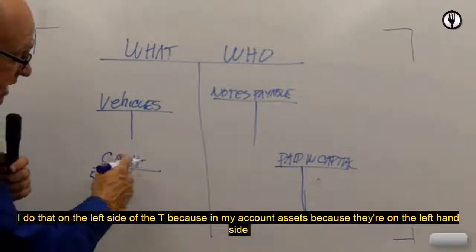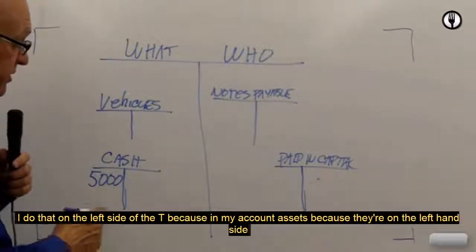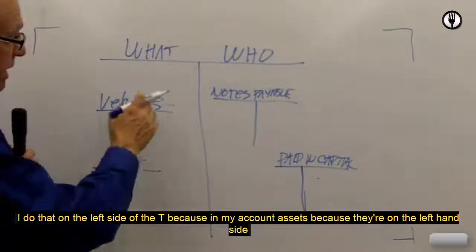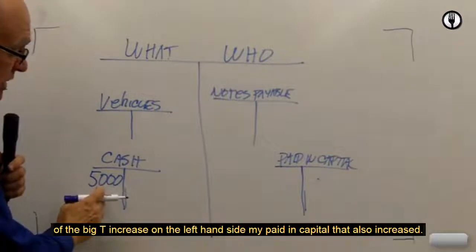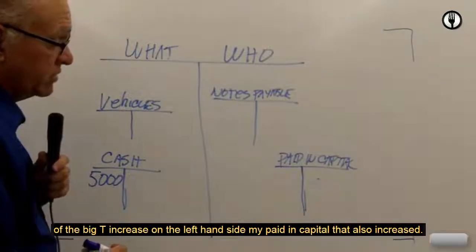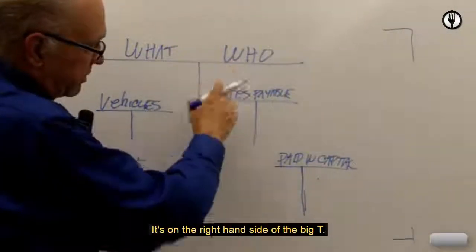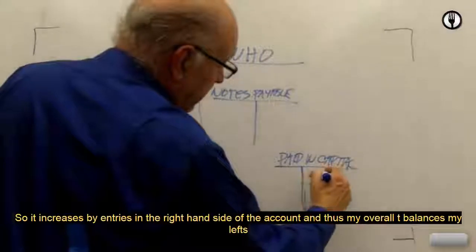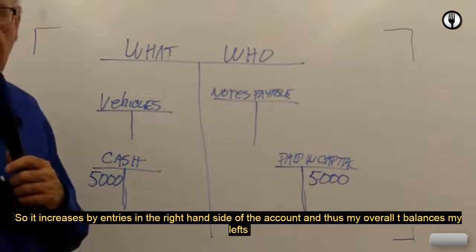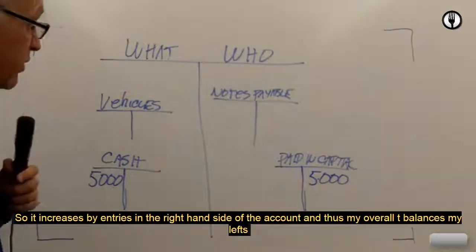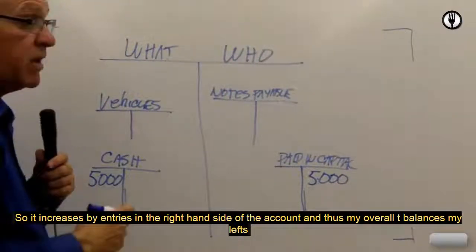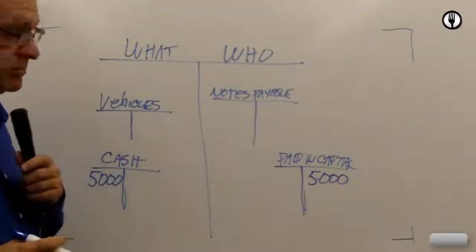I do that on the left side of the T because assets, because they're on the left-hand side of the big T, increase on the left-hand side. My paid-in capital also increased. It's on the right-hand side of the big T, so it increases by entries in the right-hand side of the account. And thus, my overall T balances. My lefts equal my rights.